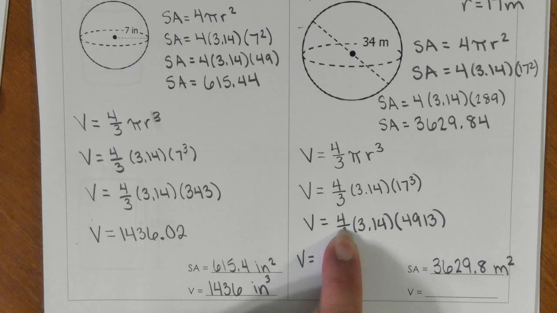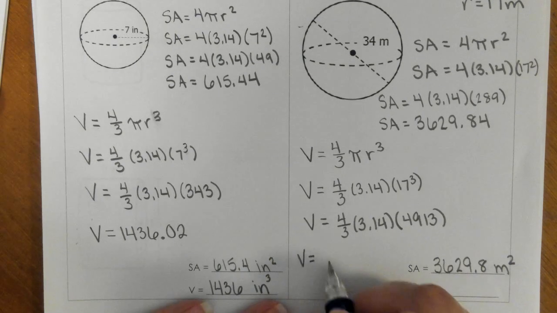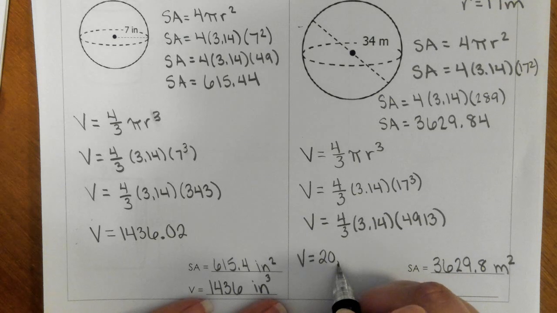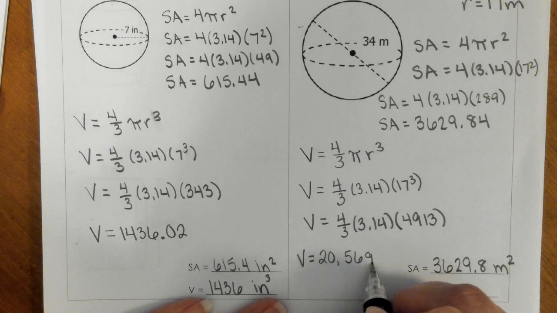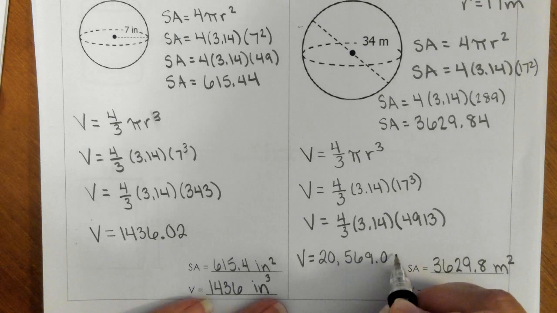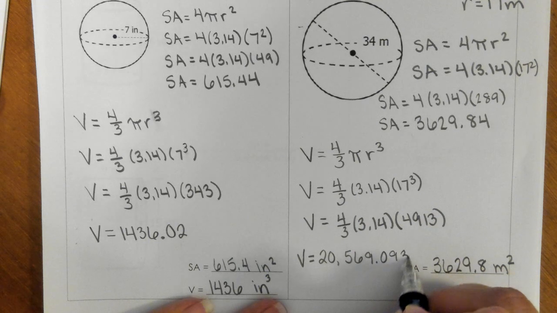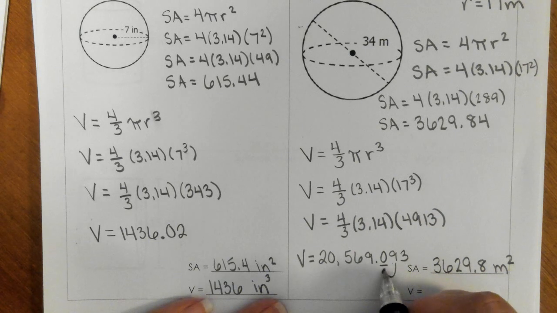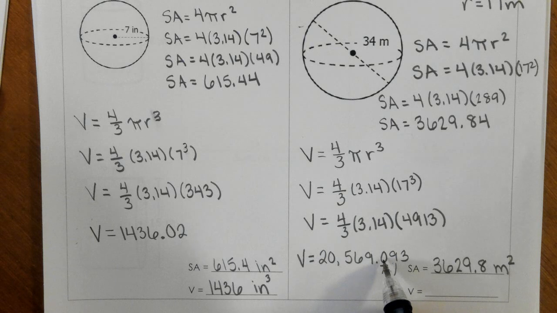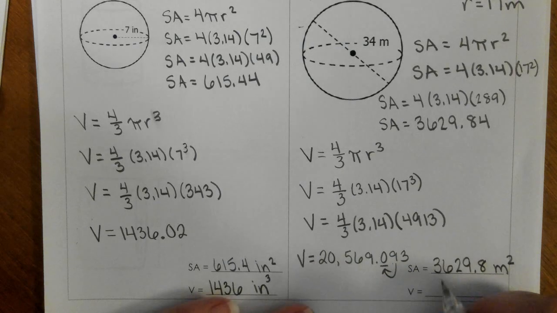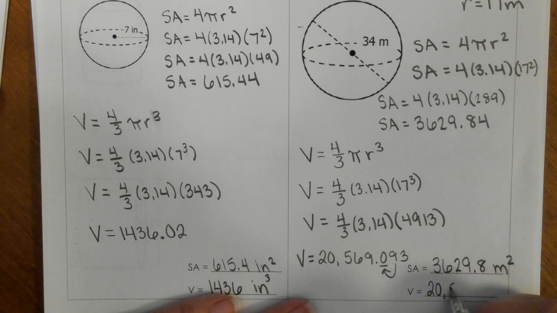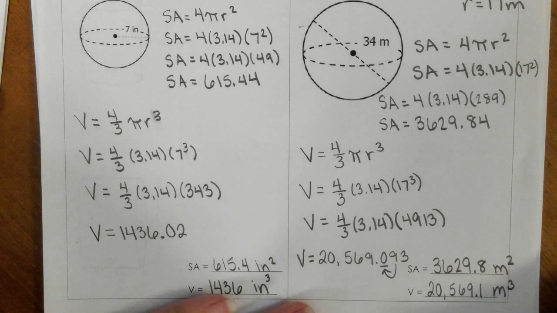Hit enter, divide by 3, and I would get 20,569.093. Okay, obviously that 9 makes this go up to 10, so 0.1. So 20,569.1 meters cubed.